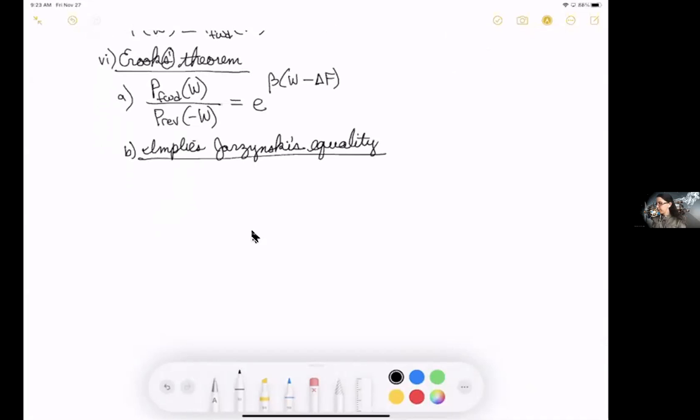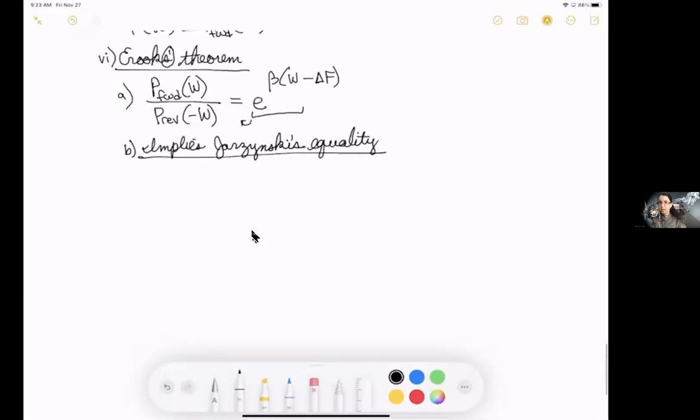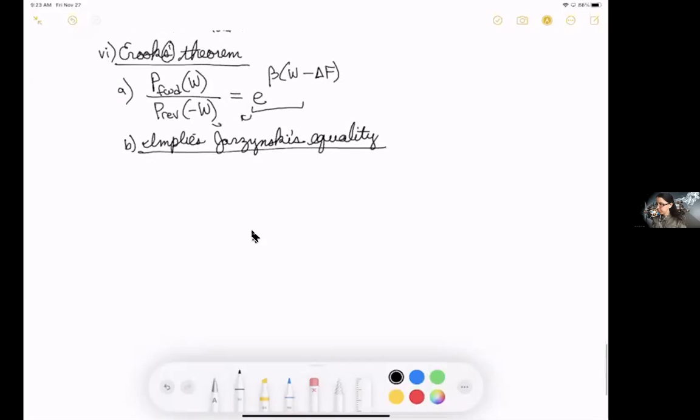We can move the e to the beta W to the left-hand side, then move the P reverse to the right-hand side. Now we have P forward of W times e to the negative beta W equals P reverse of negative W e to the negative beta delta F. Then we integrate each side over the work.